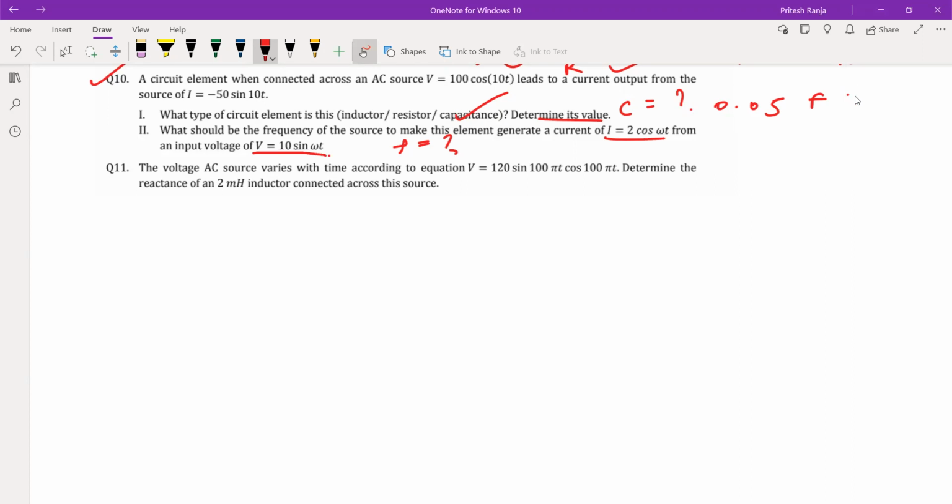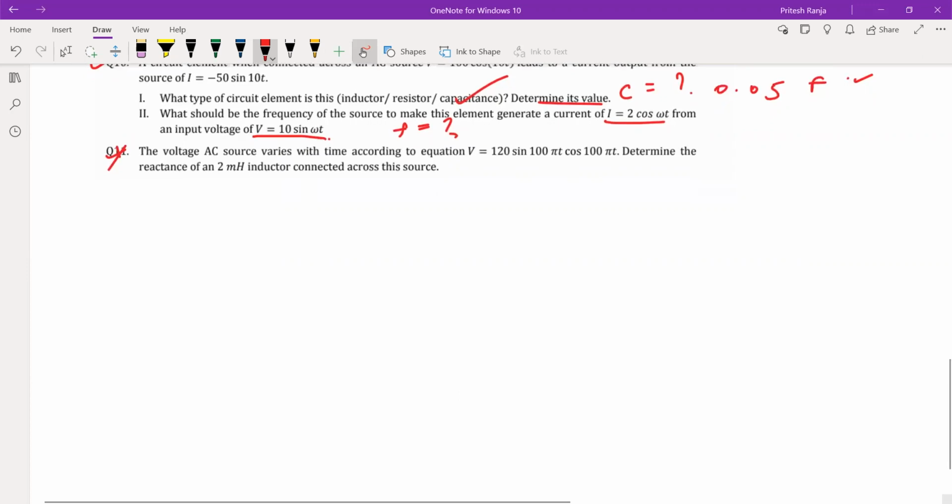Once we have this value of C here, we can even get the value of the frequency. Well, 11 also we will not do. This is also simple here.